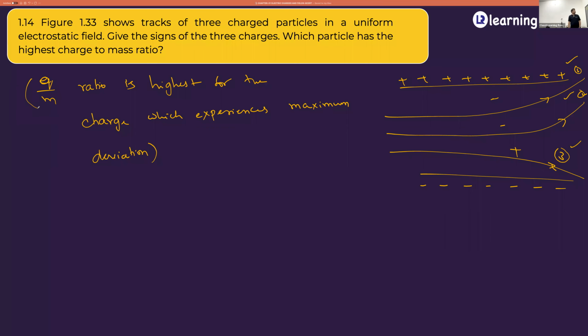So Q by M ratio is the highest for the charges which experience maximum deviation. So which one is experiencing maximum deviation is what the question is. So how to do that is, in your textbook itself, the horizontal path is there, no? Draw an extended line like this and see which angle is more. That one will be the answer.